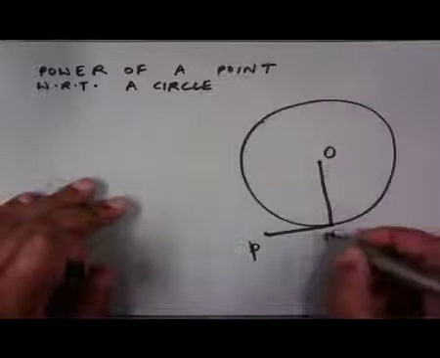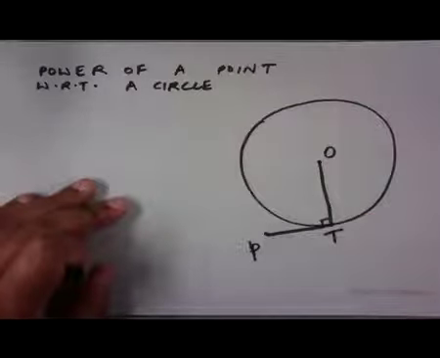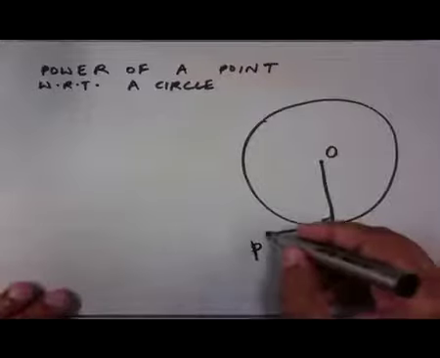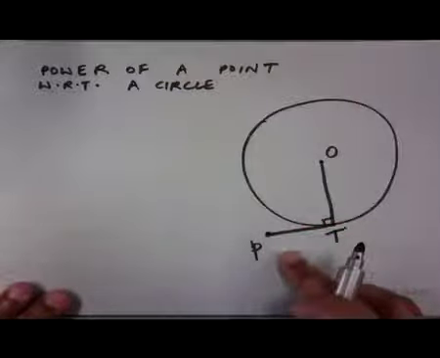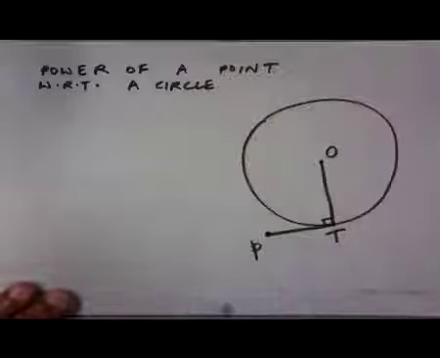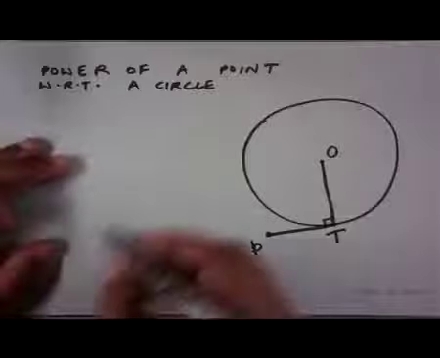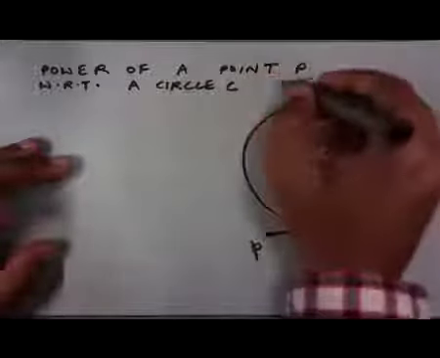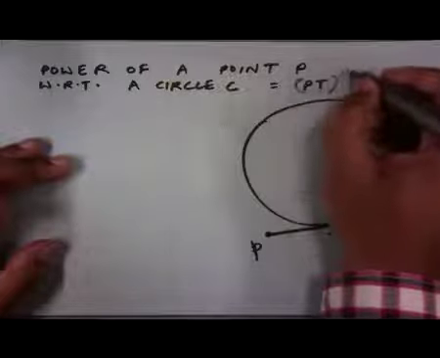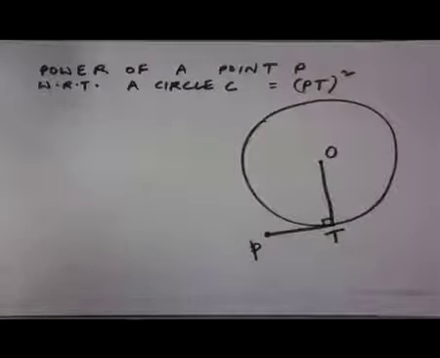So, let us say that PT is the tangent from this point P to this circle, then the power of a point P with respect to this circle, let us say C, is equal to PT square, the square of this length PT.